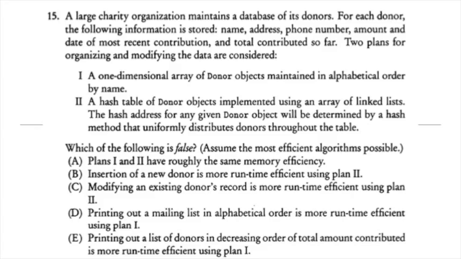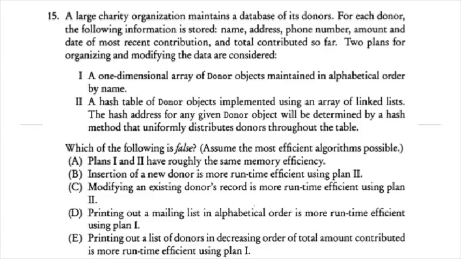Printing out the list of donors in decreasing order of total amount contributed is more runtime efficient using plan 1. Although plan 1 has alphabetical order by the name of the donors, there's no clear information about how plan 1 stores the list of donors by total amount contributed.